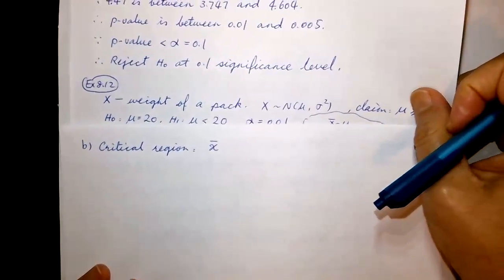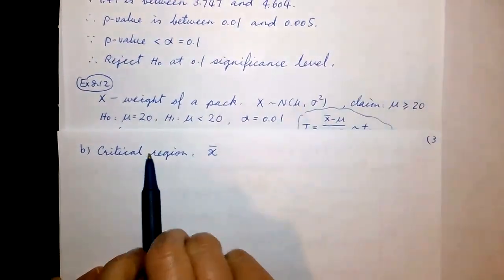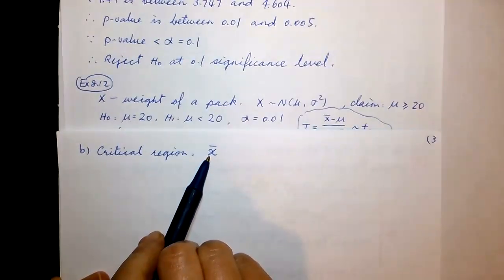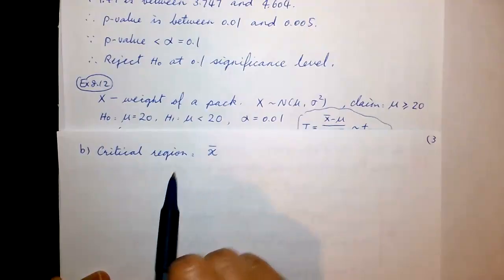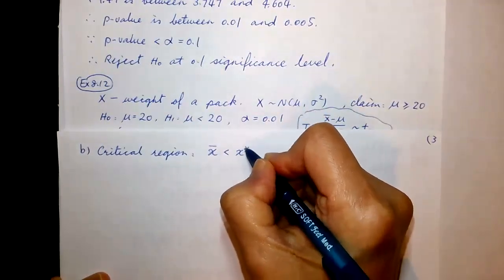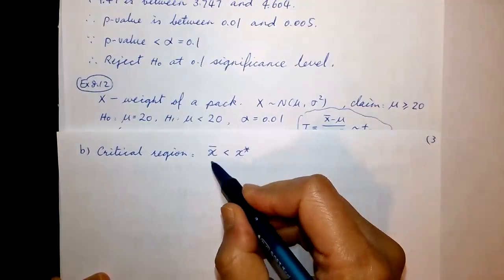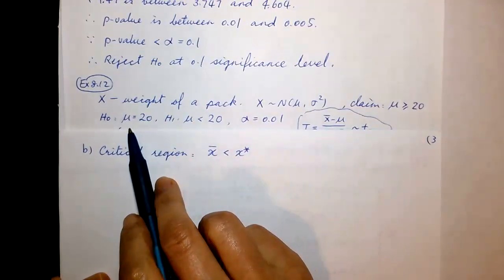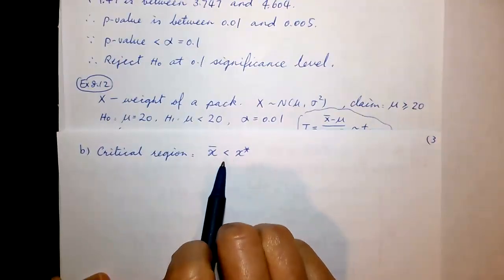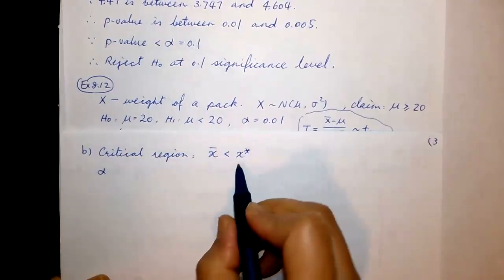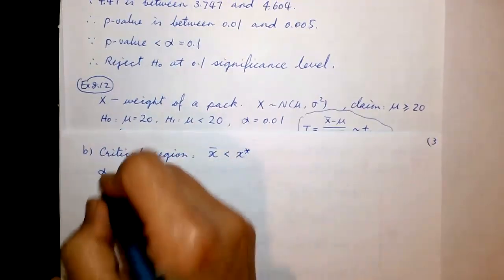What X bar would be bad in supporting H0 and good in supporting H1? If the sample mean is too small, you would support H1 and reject H0. So this is the correct look for your critical region.